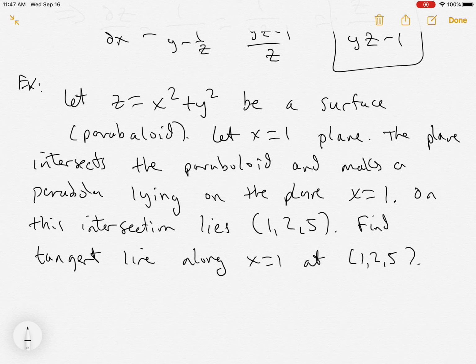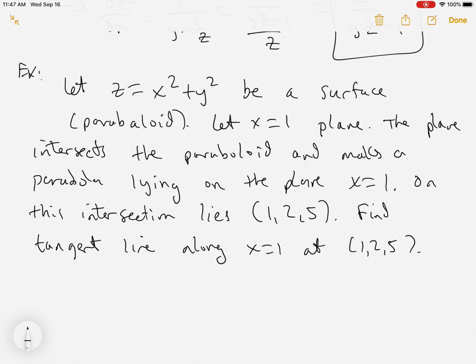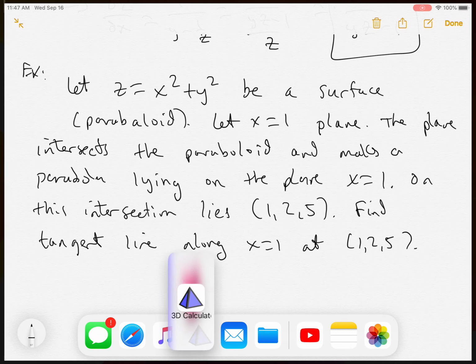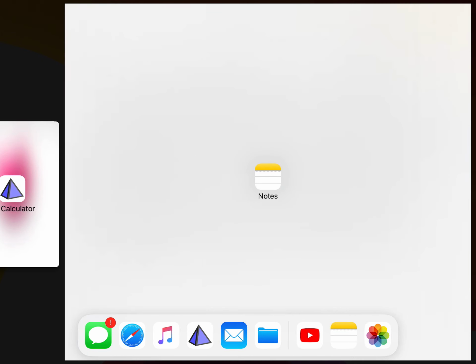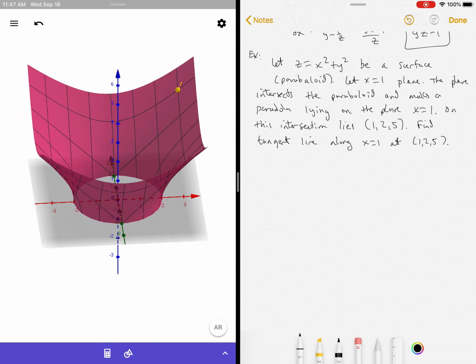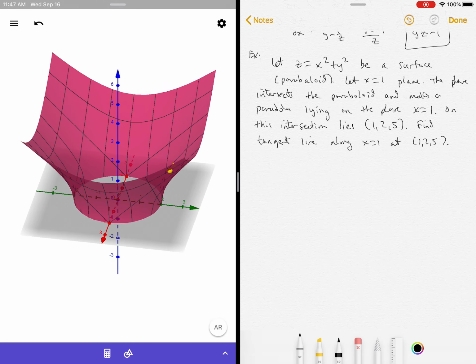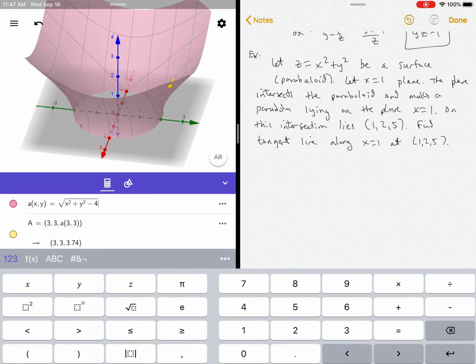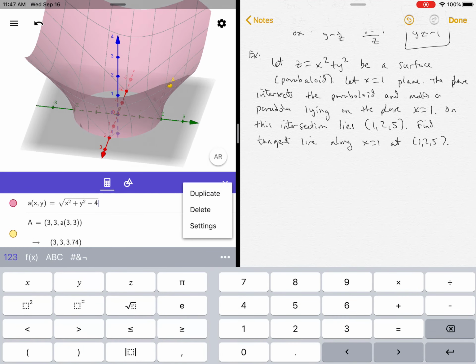Okay, so I'm going to do my best to get GeoGebra to give this picture. I want this to go away.